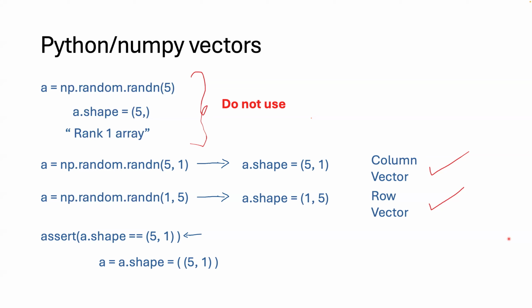I also encourage you to test out some assertion statements to double check that the dimensions of your matrices and arrays are aligning with your goals. So don't be shy about calling reshape operations to make sure your matrices or vectors have the dimensions that you want them to be.